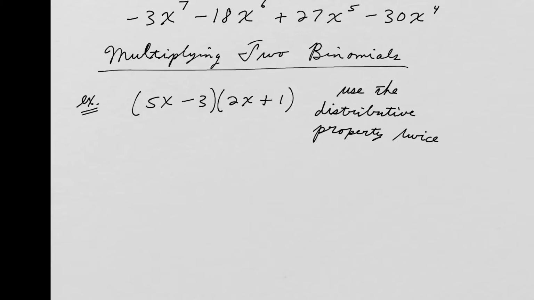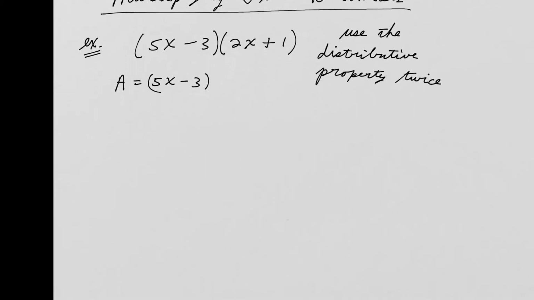So think of 5x minus 3. Give that a new name. Call it maybe a. So a is equal to 5x minus 3. Okay. So right now I have a times 2x plus 1, right? Because I'm calling a that entire expression 5x minus 3.